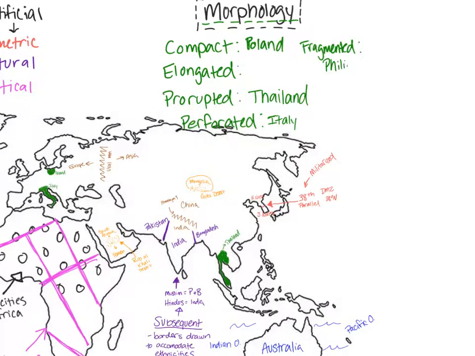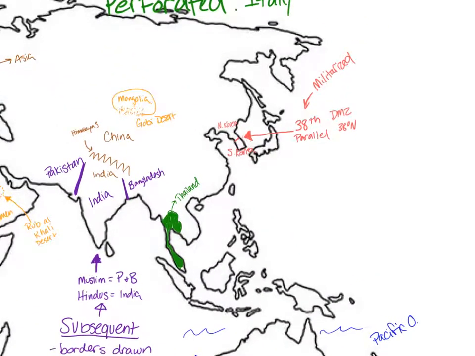Indonesia? Yeah, Alaska could be a state too, right? That would be fragmented. Okay, so this is the Philippines. You could do Indonesia. You could do Malaysia, right? There's a bunch of them in this area of the world that could be considered fragmented, okay?